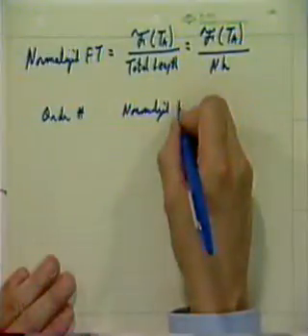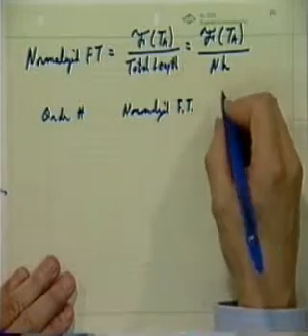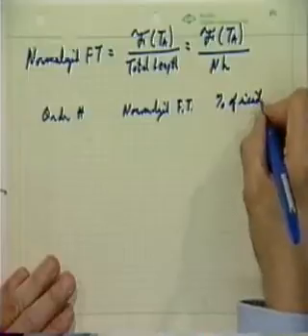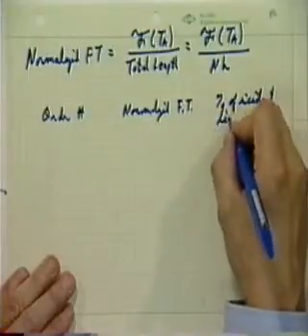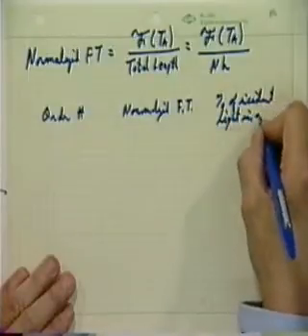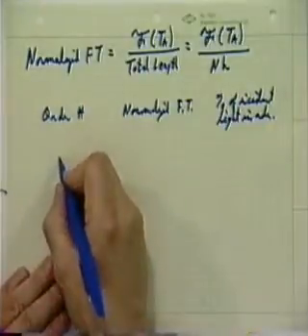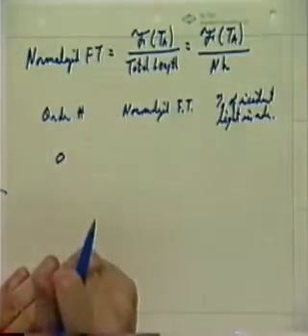Fourier transform, and percent of incident light in order. So first order number, I pick 0. So m is 0.